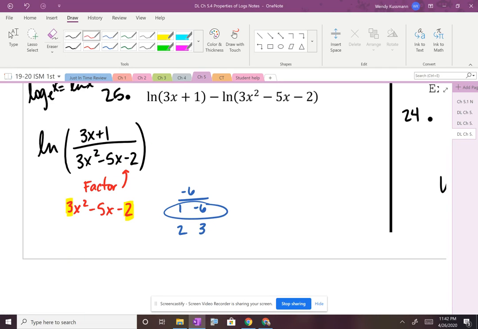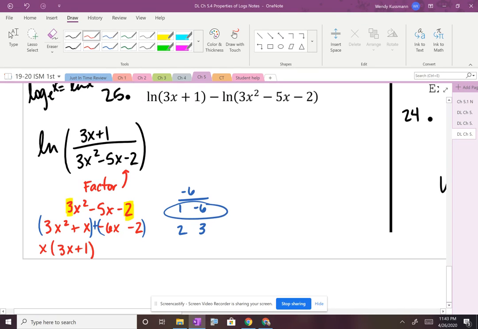So factoring this, expand it into 4 terms: 3x squared plus 1x minus 6x minus 2. Group them, first two, last two, plus sign in between. GCF of the first set of parentheses is x. 3x plus 1 is left over.